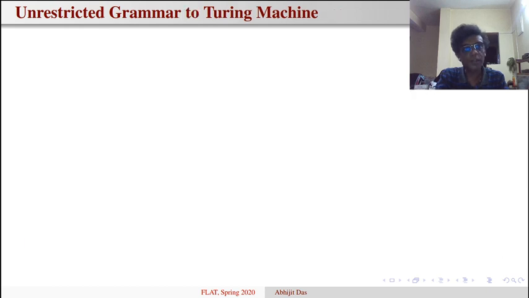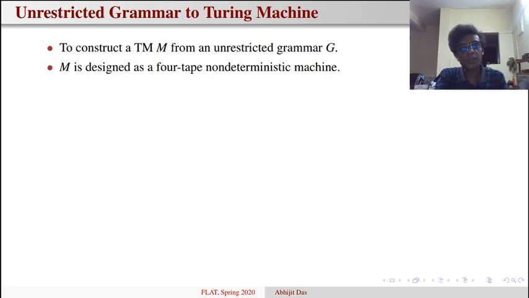The first theorem is a little bit easier to prove, so let us do that first. Given an unrestricted grammar, I want to construct a Turing machine accepting the same language. I will design M as a 4-tape non-deterministic machine.